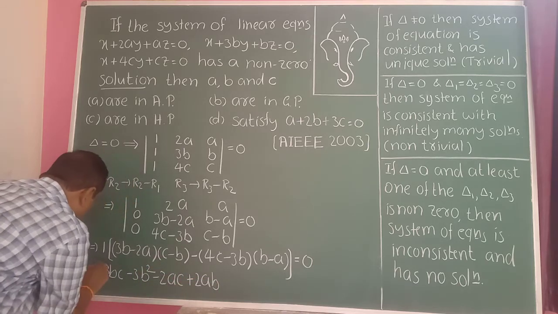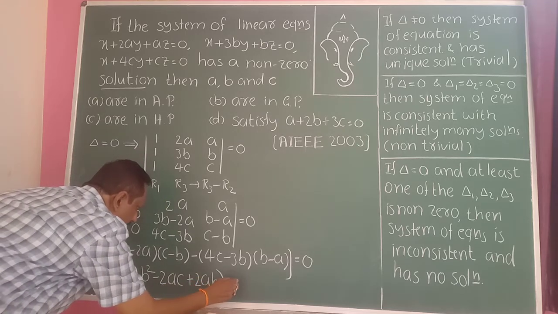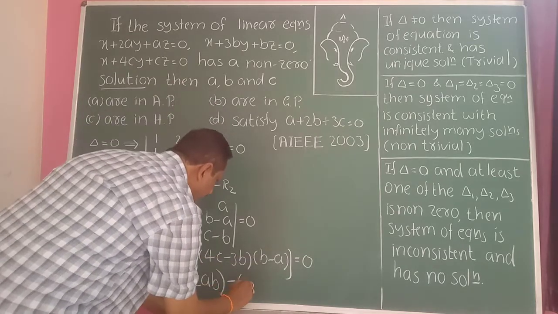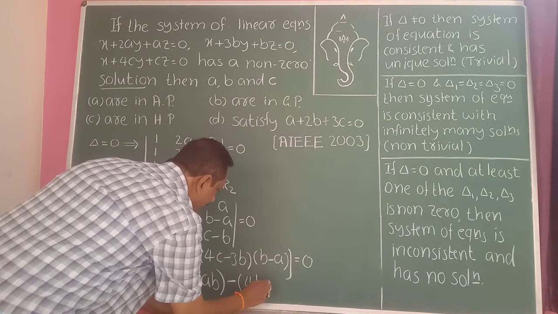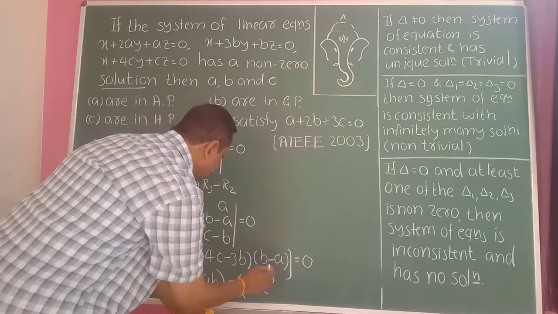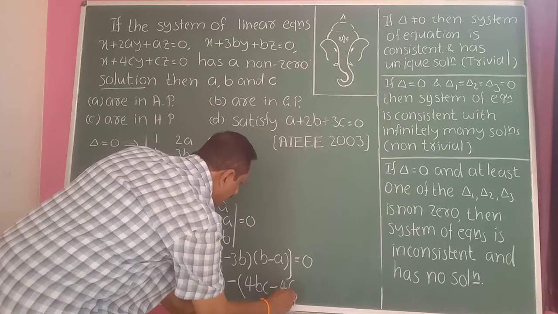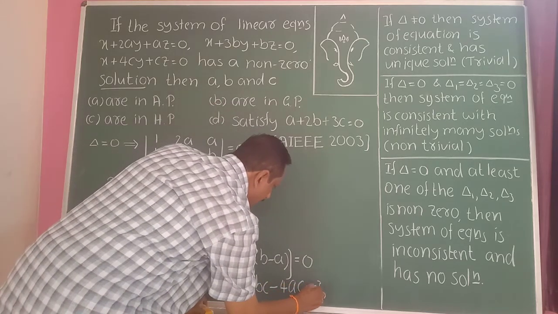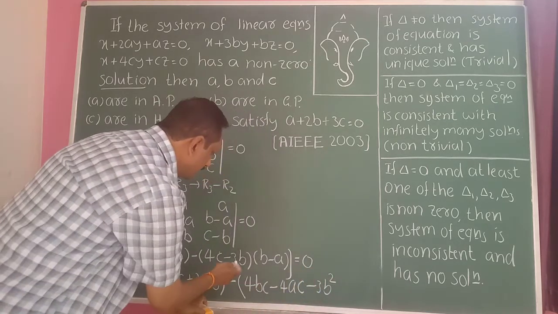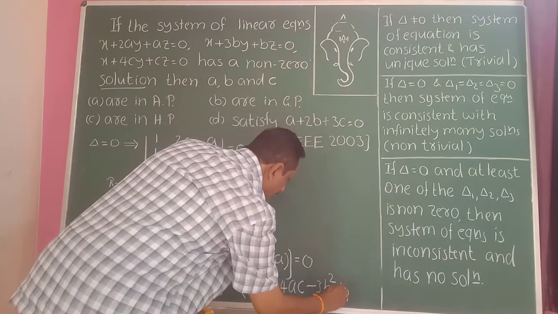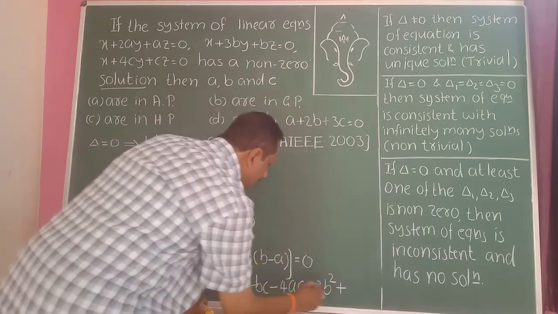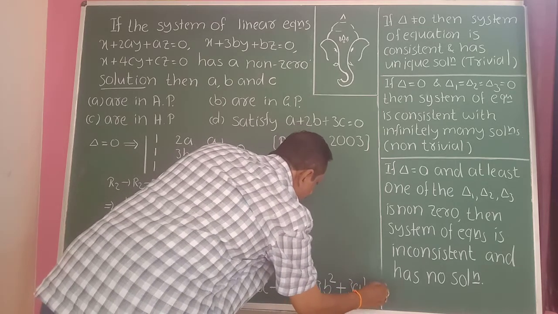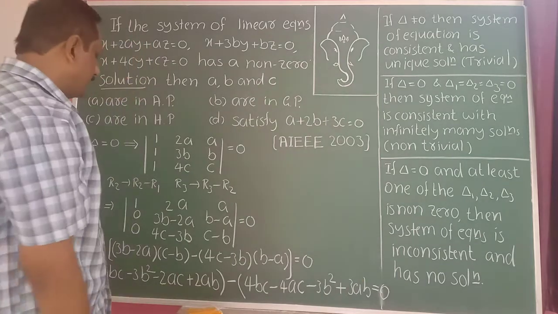Write all the terms in the bracket: minus of, then 4c into b becomes 4bc, 4c into minus a, minus 4ac, minus 3b into b, minus 3b square, minus into minus becomes plus, 3b into a becomes 3ab, is equal to 0.